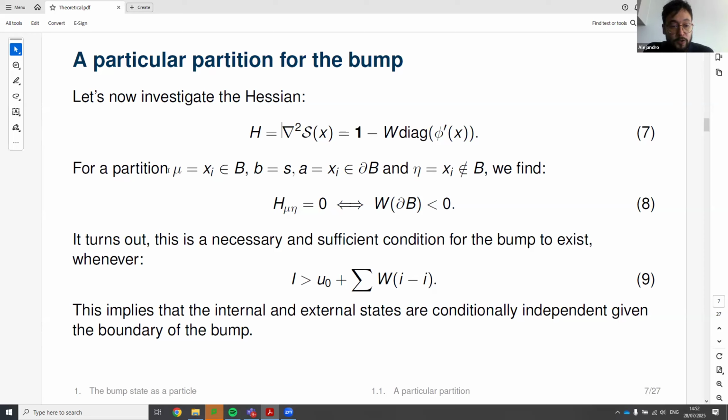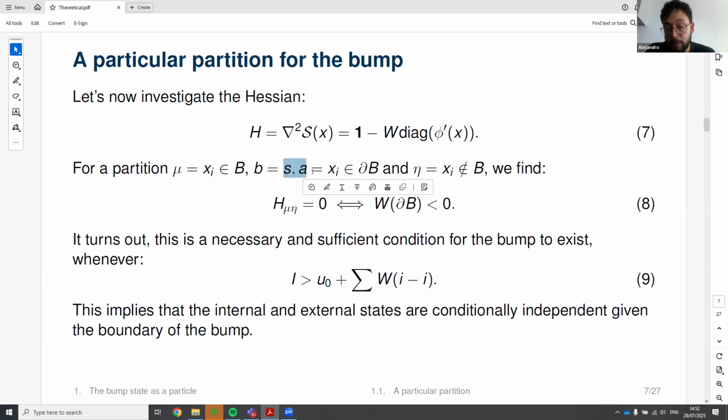So what is this partition? We consider as internal states all the neurons that belong to the bounded region, which is the bomb. We have some proposed Markov blanket, which will be sensory and active states.